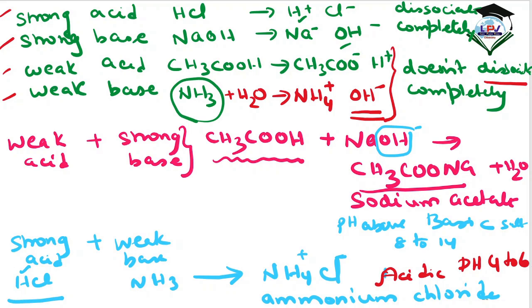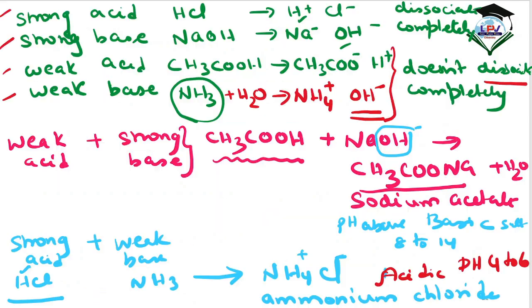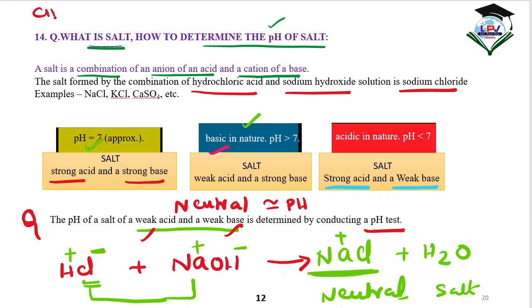Now the question is, what happens if the salt is from a weak acid and a weak base, and you test it with a pH strip? Here also both are the same, weak, weak. So here also neutralization takes place and you will get neutral pH. Let's take an example. Your weak acid is CH3COOH, and your weak base is NH3.